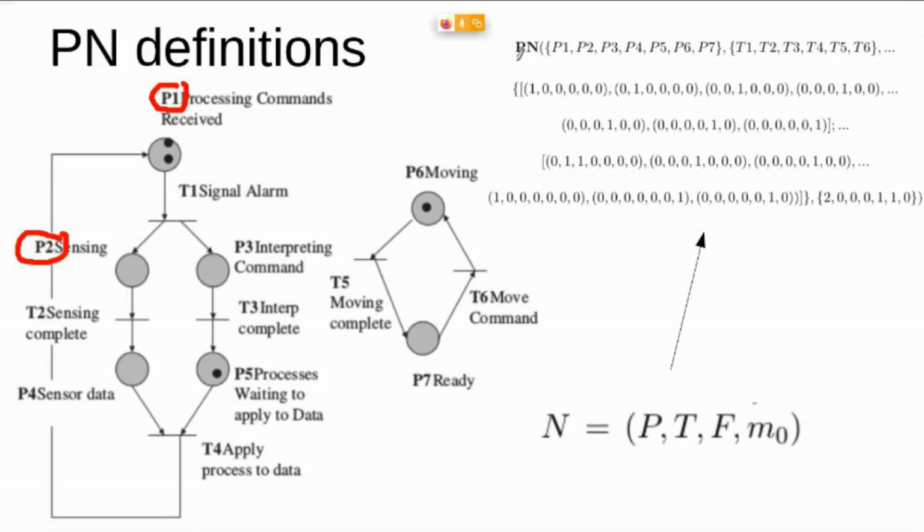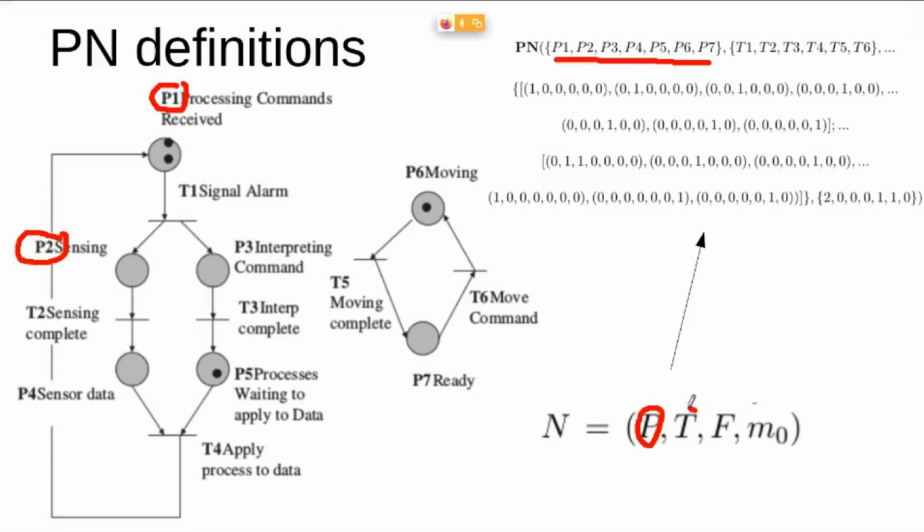So the formal definition of my Petri net will be, first of all, the places. So how are places defined in my diagram. Here we have P1, P2, P3, P4, P5, 6, and 7. So that's the list of places in my diagram.